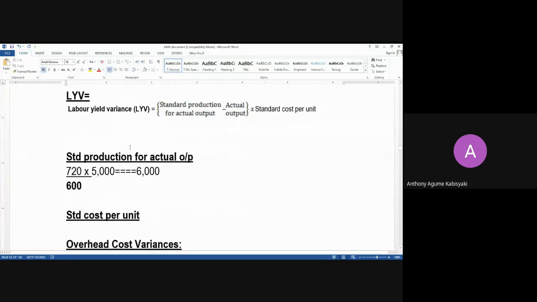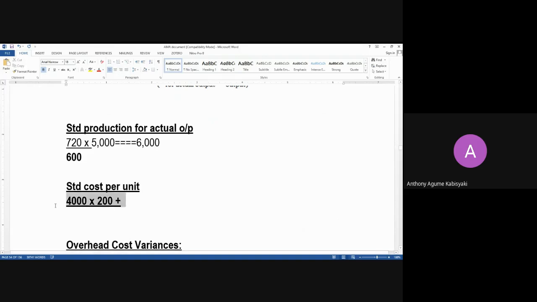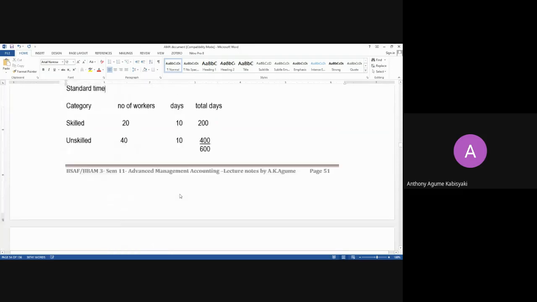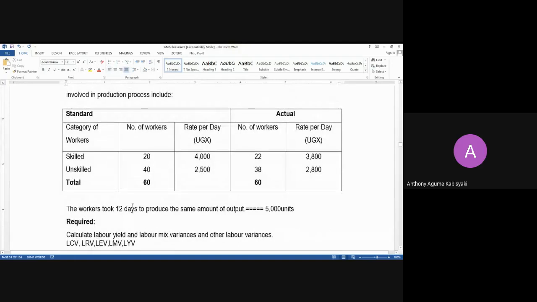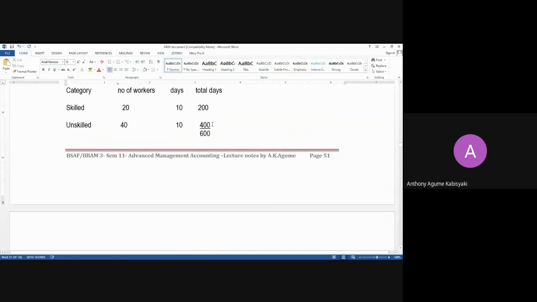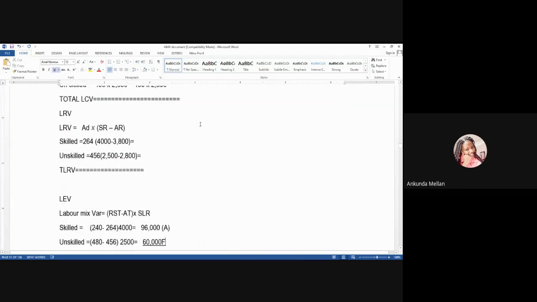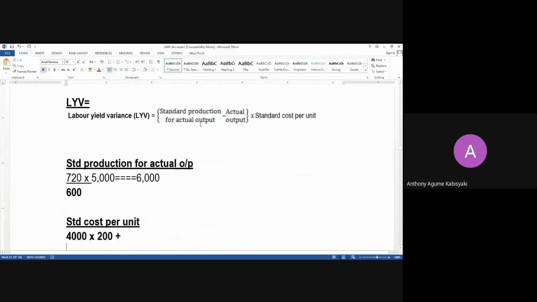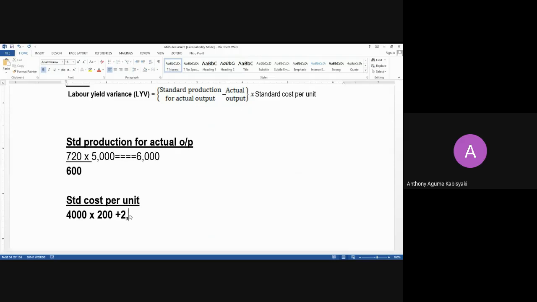Then I add the other rate, 2,500 times 400. 2,500 times 400. What do you get?